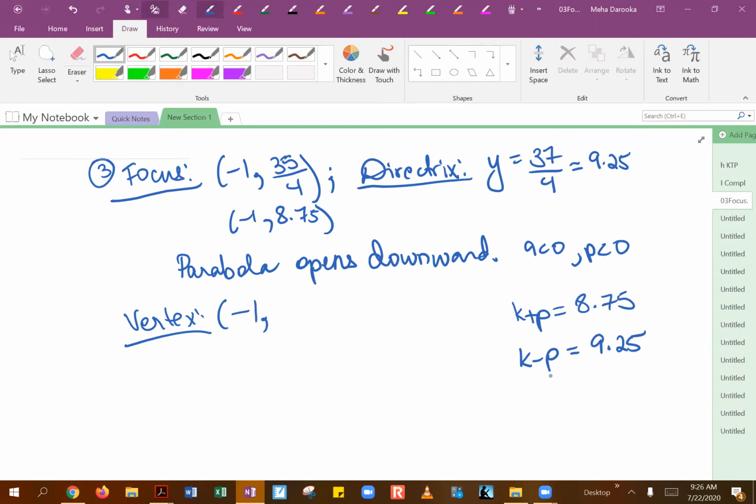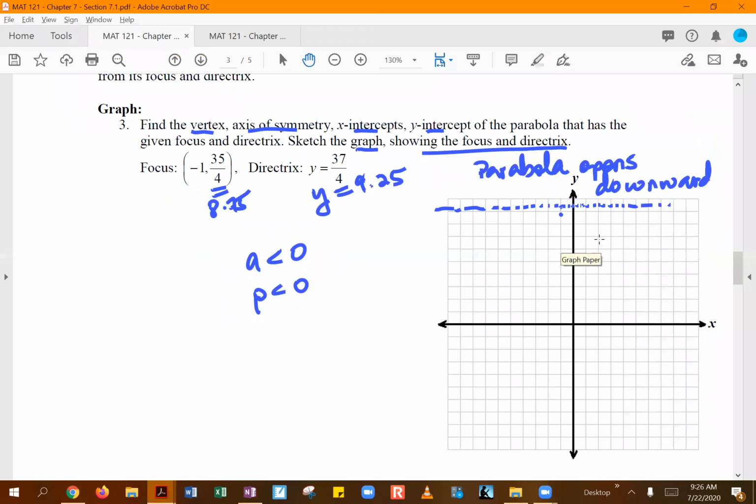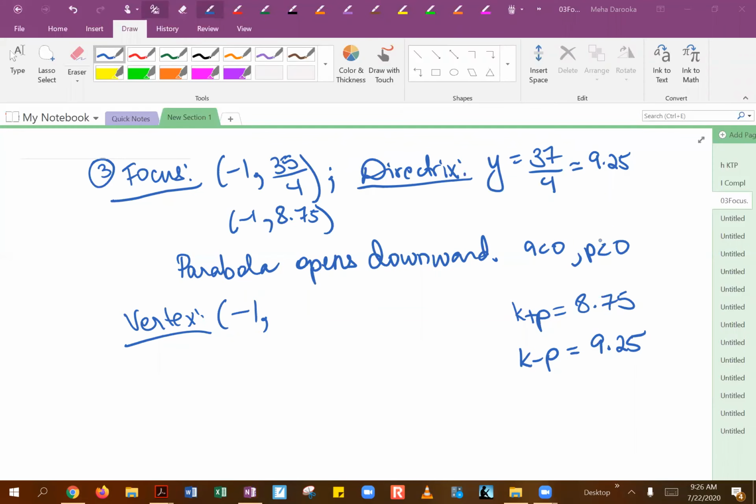Now remember, you can do the calculation, or you can think of this in terms of what's going to be the halfway distance between 8.75 and 9.25. So any idea what our K value or our P value should be?